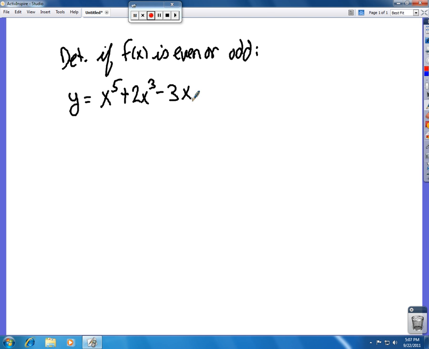So the best thing that we can do, we need that for notation in a second, is simply replace the x with a negative x. If we do this, all that's going to do is replace every x in the function with a negative x.